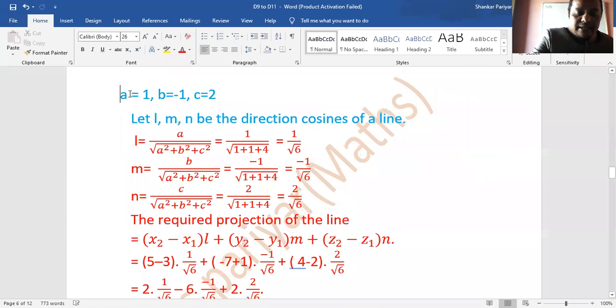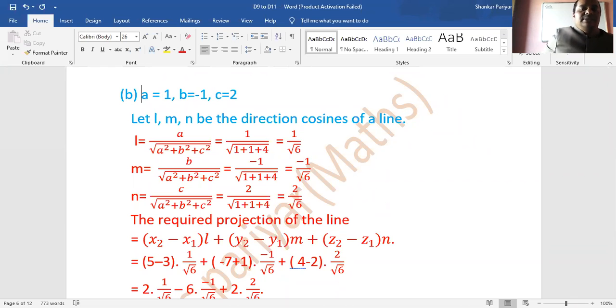We have just 1 minute 34 seconds left. So this A equals this, B equals this, C equals this. Let L, M, N be the directional cosines of a line. Actually, directional ratios are given here. Directional ratios means A, B, C.